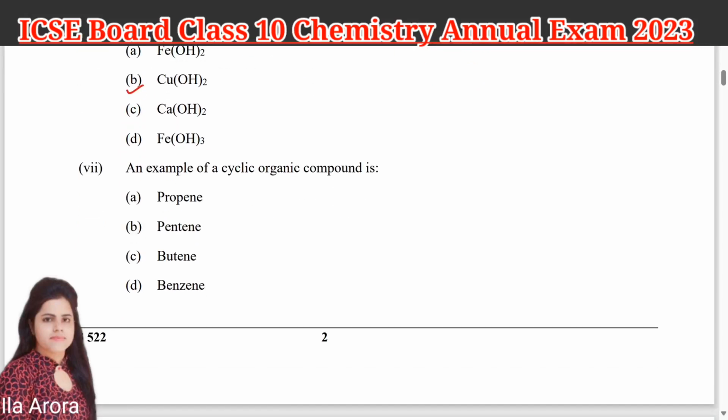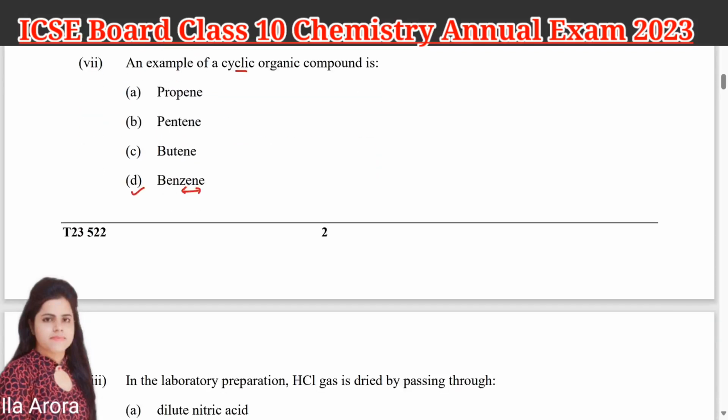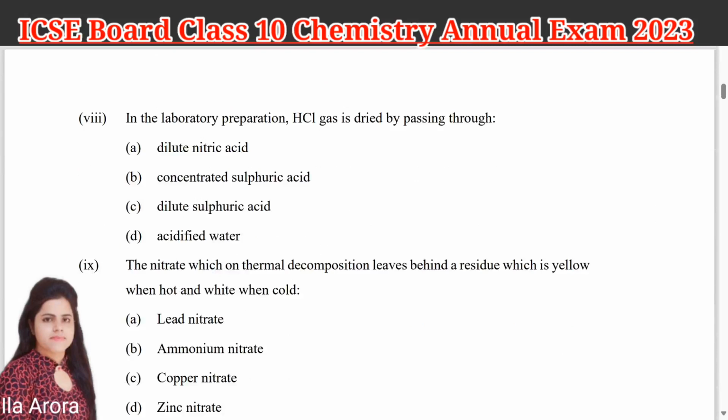Next is an example of a cyclic organic compound. So that should be a cyclic compound. Okay, so the answer is benzene. We know that benzene is a stable cyclic compound. Next is: in a laboratory preparation, HCl gas is dried by passing through. We know here we need a drying agent, and that drying agent is sulfuric acid in concentrated form.